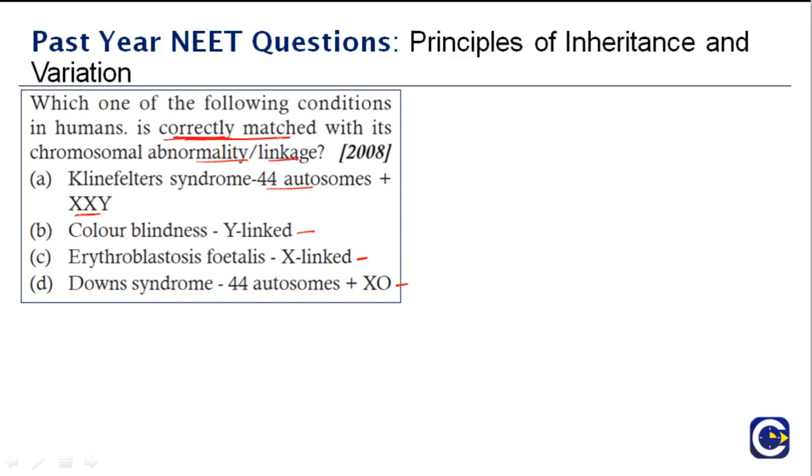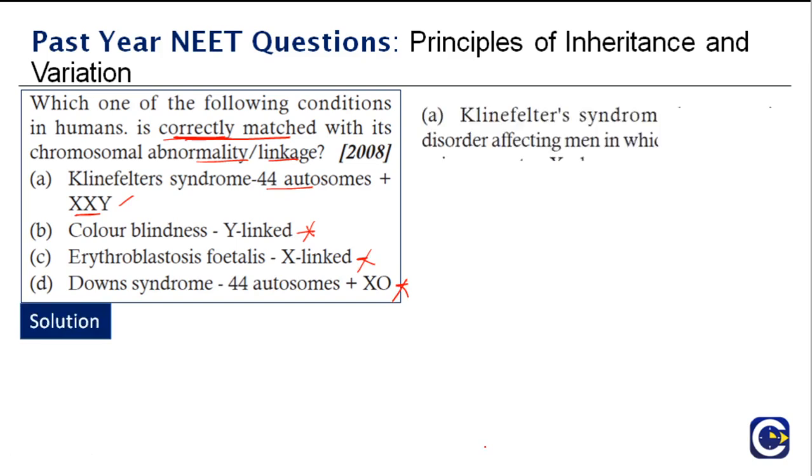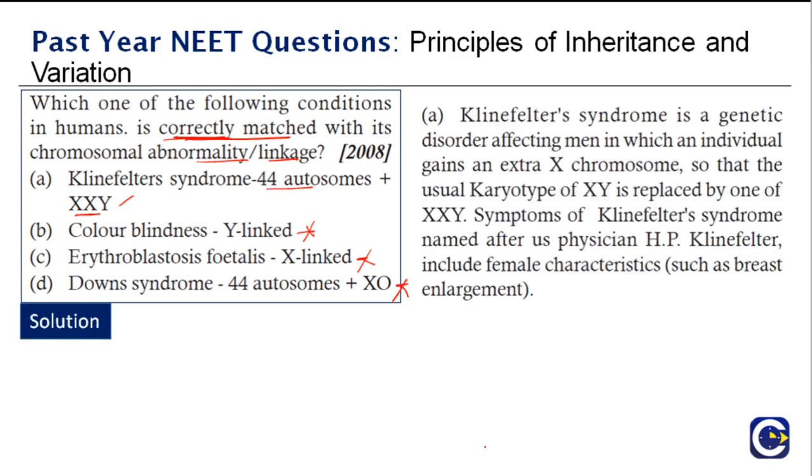The correctly matched option is A, Klinefelter syndrome, 44 autosomes plus XXY, because color blindness is an X-linked disease. Erythroblastosis fetalis is because of the Rh factor, and Down syndrome is trisomy of chromosome 21. So the only right option here is Klinefelter syndrome, which is 44 autosomes plus XXY.